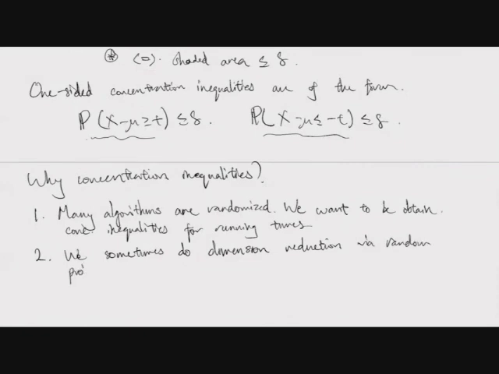You randomly project the data onto a lower dimensional subspace. And so this is randomized, and sometimes it's going to work and other times it's not going to work. And so we need to use concentration inequalities to guarantee that this works.